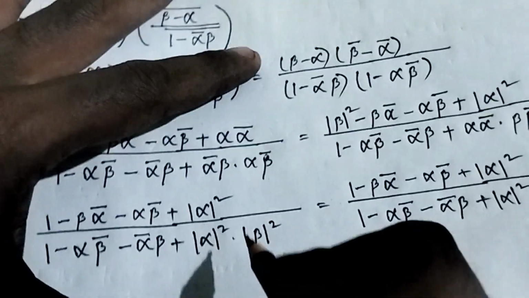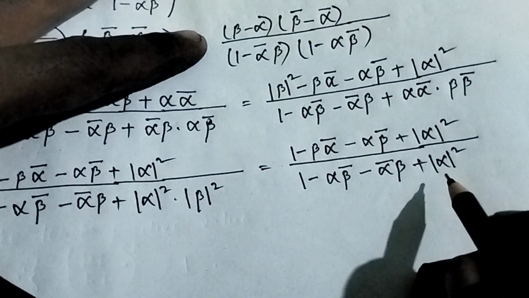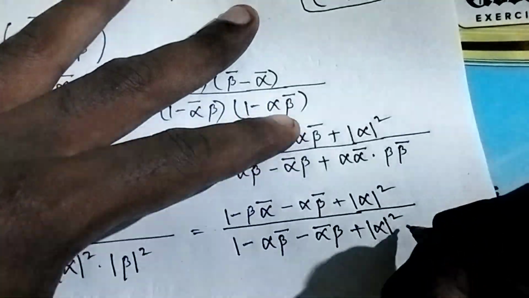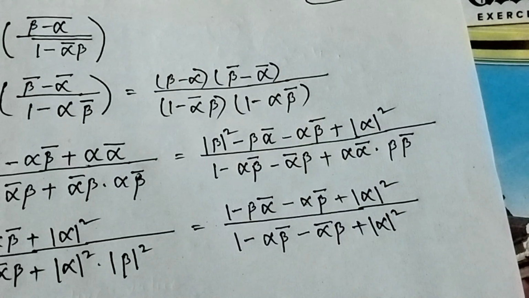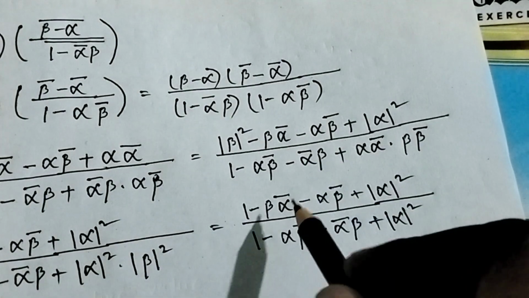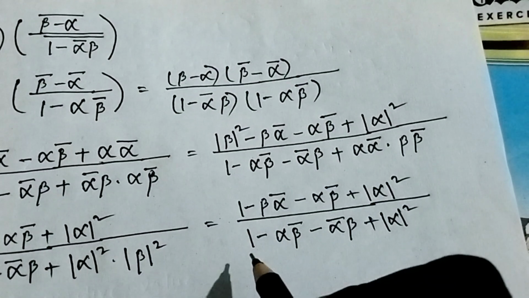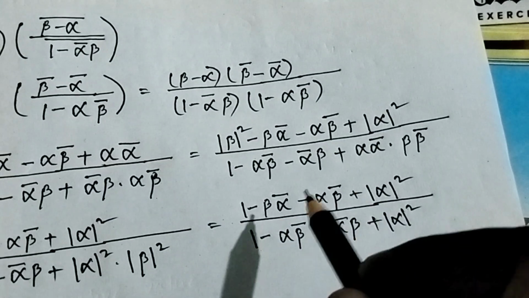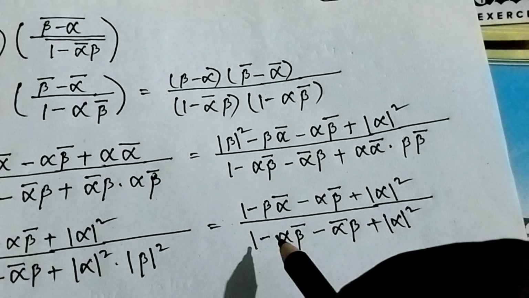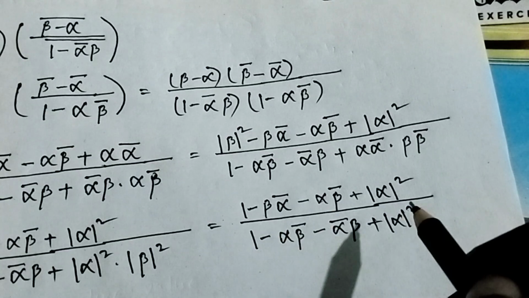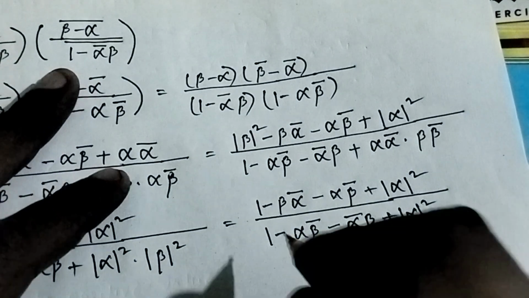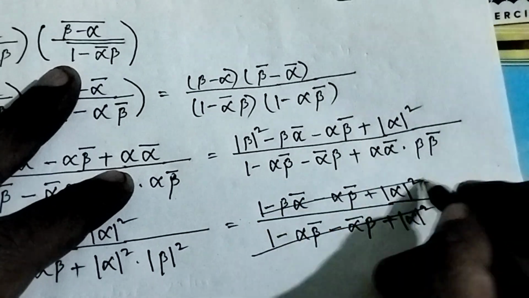Mod of beta square means mod of beta is 1, so 1 square will be 1, so no need to write it. Now you see the numerator and the denominator are all the same, so this will cancel each other.